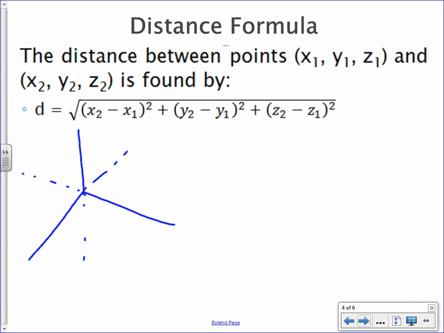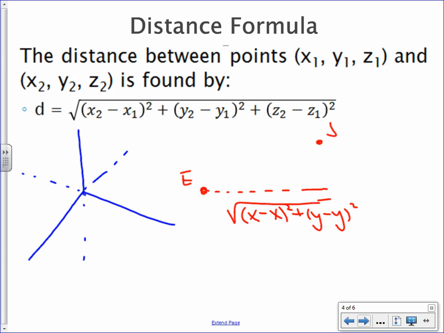So here's Emma, here's Jonathan. From here to here, you told me that this distance is x minus x squared plus y minus y squared. How do I describe the difference in their heights?